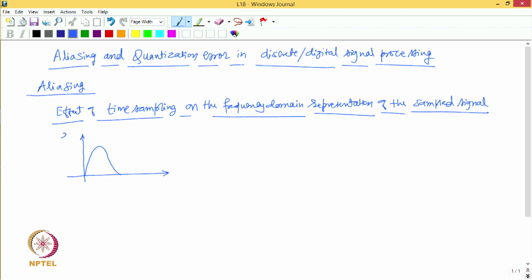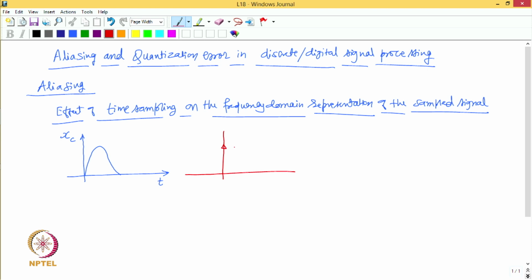So, let us represent this by xc, where c is the subscript for continuous signal. Okay. So, the process of time sampling can be looked upon as the product of this continuous signal by a signal which consists of a train of unit impulses. I can show that here through a figure. So, like this.